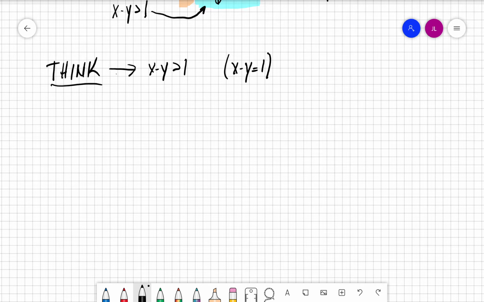Then we can look at this from an equation point of view and manipulate it as such.